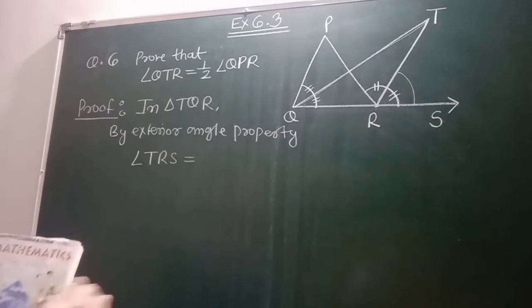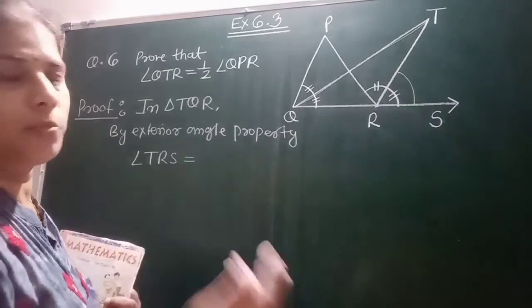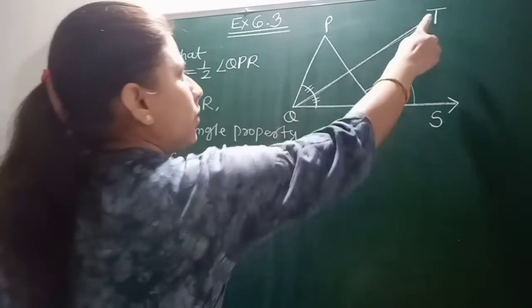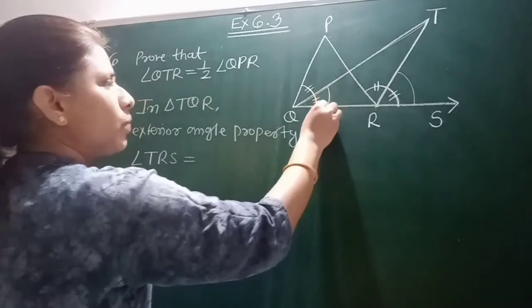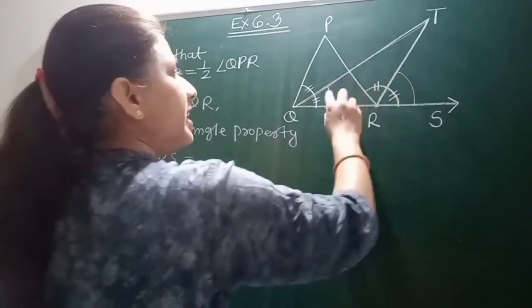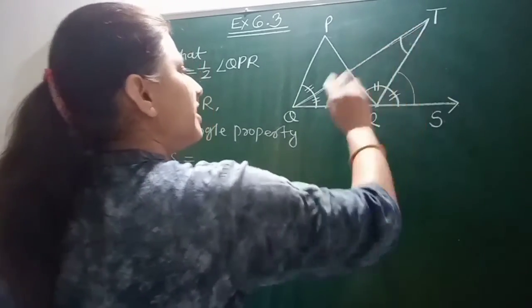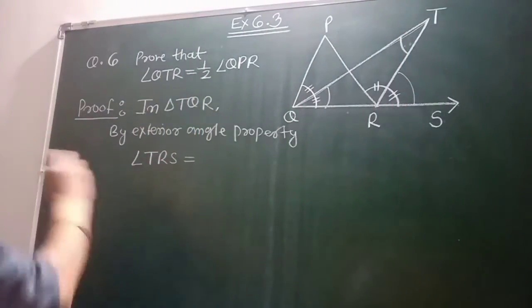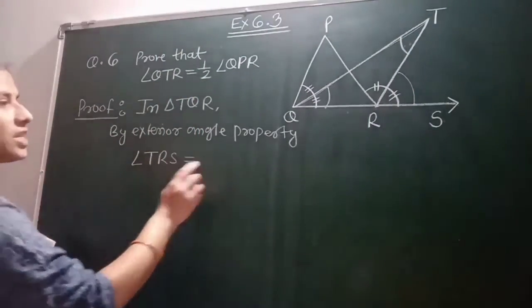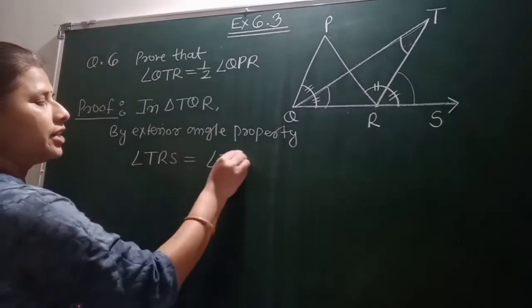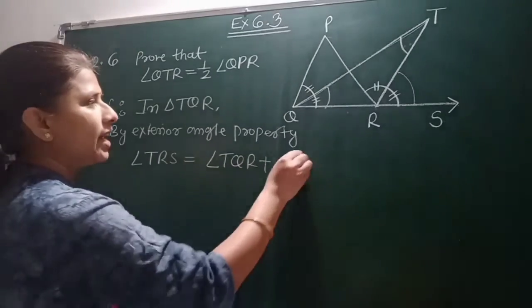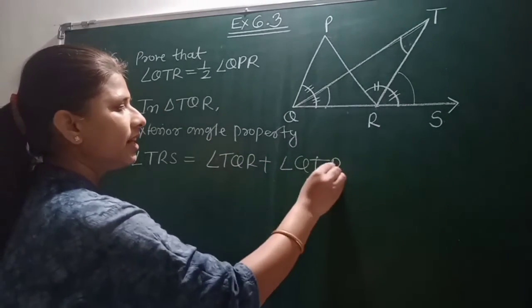Exterior angle equals the sum of opposite interior angles. So in this triangle, this one is your interior angle and another angle is your angle QTR. So angle TRS equals angle TQR plus angle QTR.